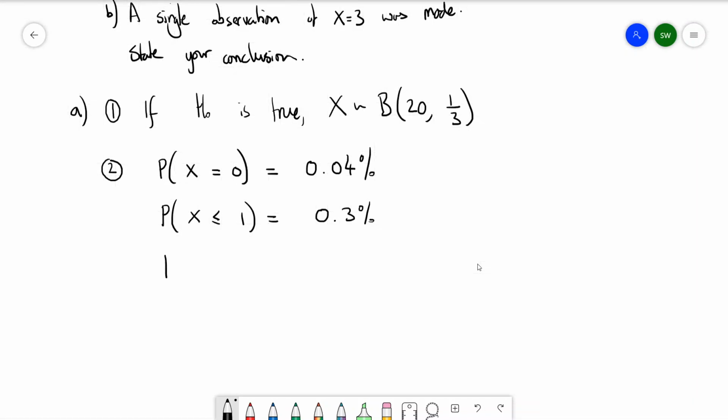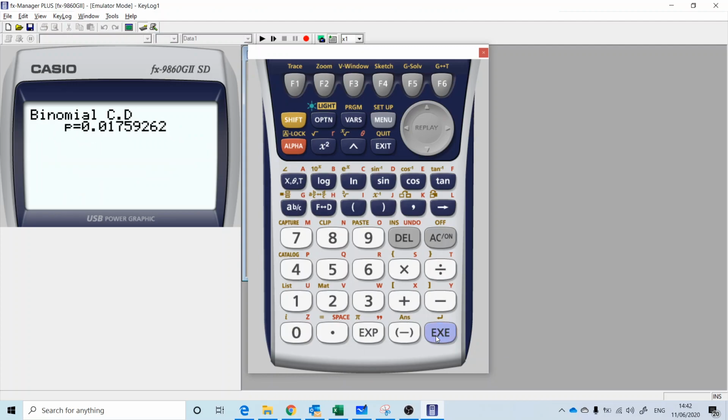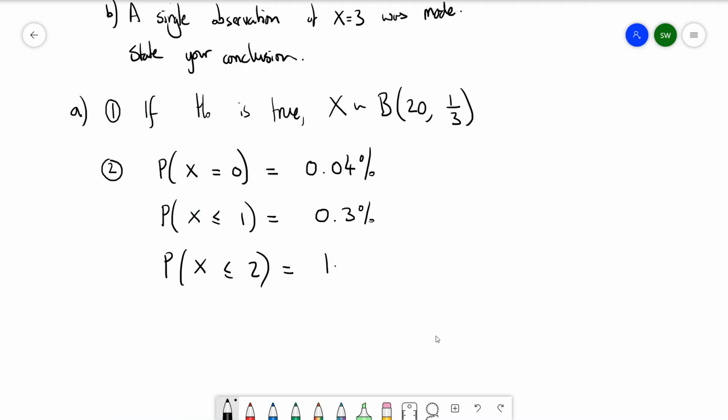So next, let's do the probability of X being less than or equal to 2. So we'll just change X to 2 on cumulative distribution. So that's 1.8%. So we need to keep going because we haven't found a probability that's more than 5% yet. So the probability of X being less than or equal to 3 is 6.0%.